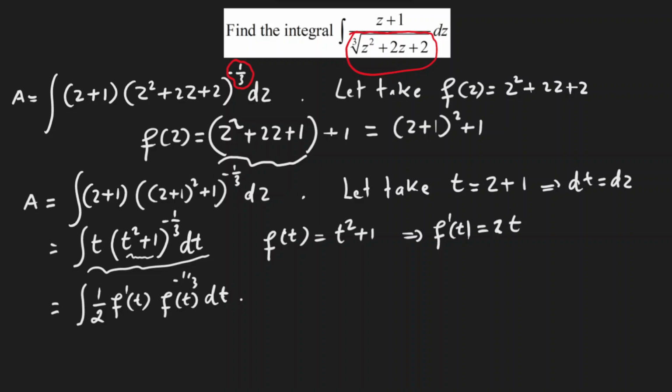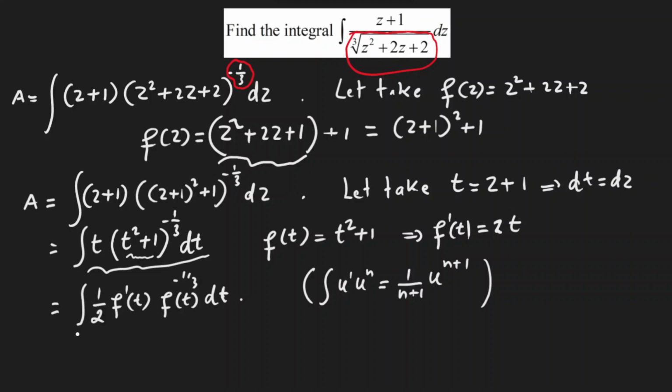Now we know that the integral of such functions, if you have the integral of u prime times u to the power n, that will be equal to 1 divided by n plus 1 times u to the power n plus 1. And that's what we use here.